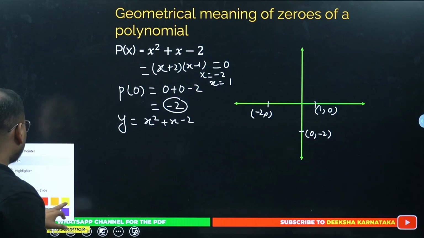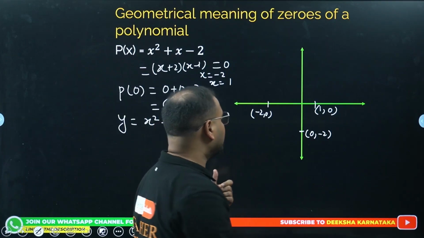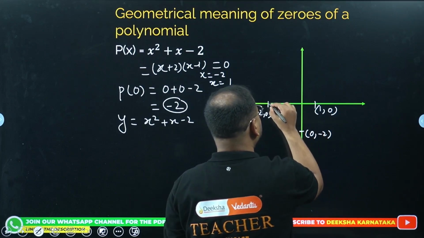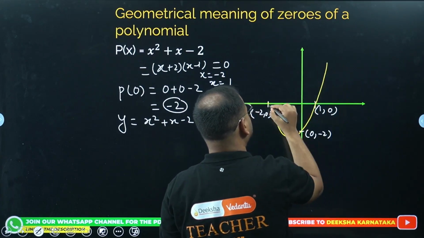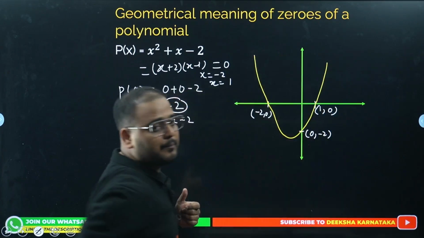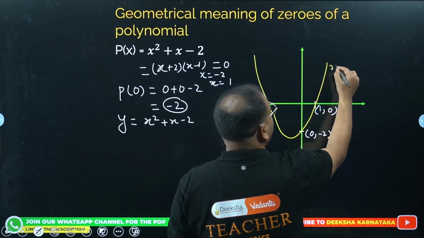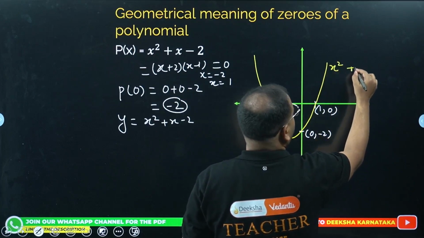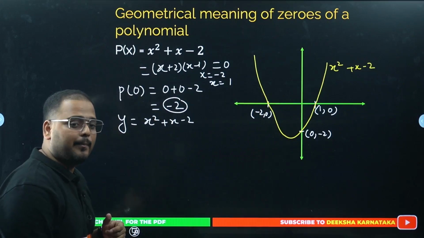Because any point on the x-axis will have y coordinate as 0. We just learned that, right? And we'll just complete this curve like this. This is my parabola, the U curve, for the function x square plus x minus 2, right?